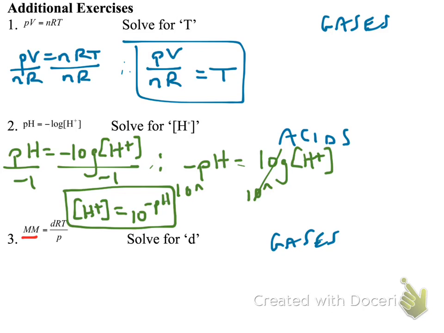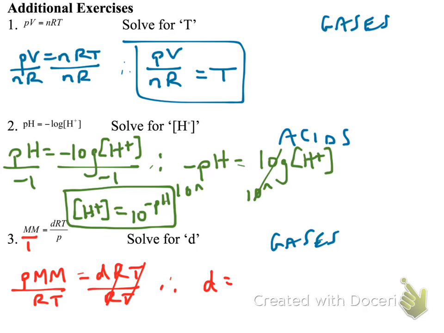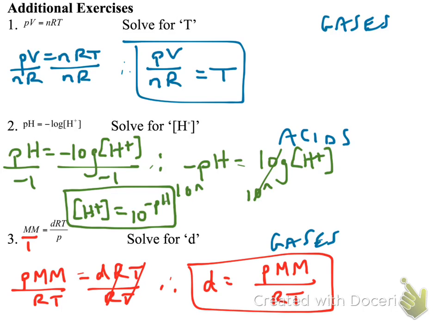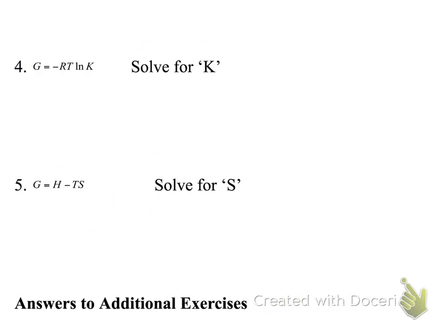We can think of this as over 1, so we can cross multiply. Moving on to the next ones.